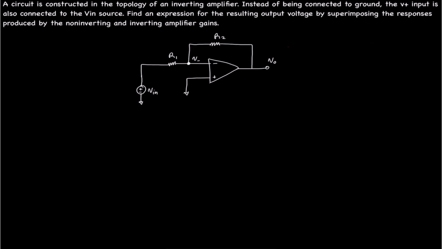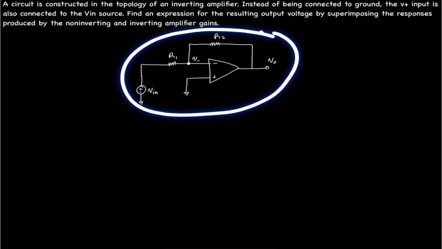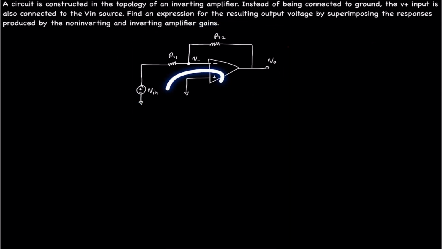Welcome back. In today's video, a circuit is constructed in the topology of an inverting amplifier, and that is the topology we have here. We ground the V plus input of the amplifier, and we send the input signal through R1.